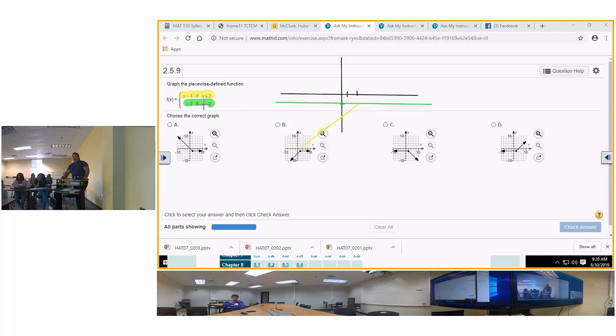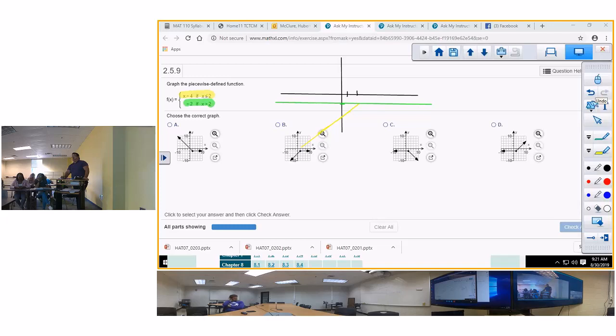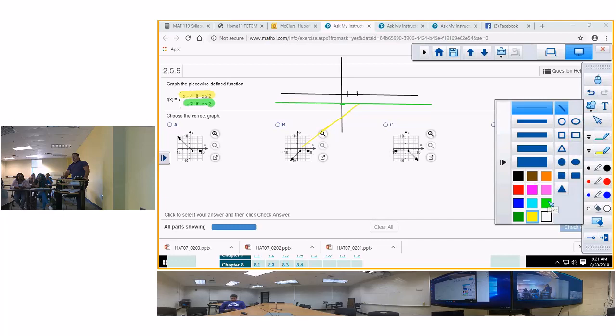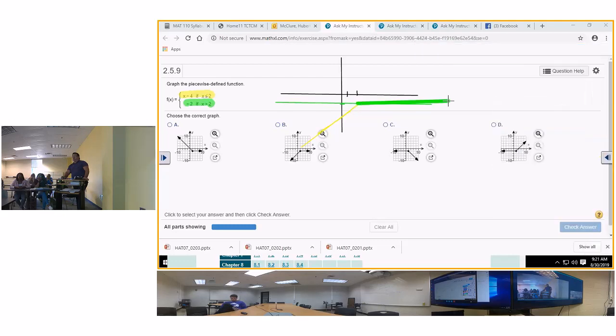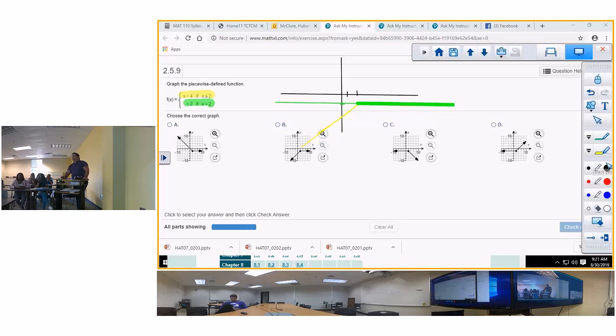What does the green line say? So I have to use this line, and I'm going to make it a little bit thicker. I'm going to make this line green. I'm going to go from here that way and erase my other one. Everybody with me?